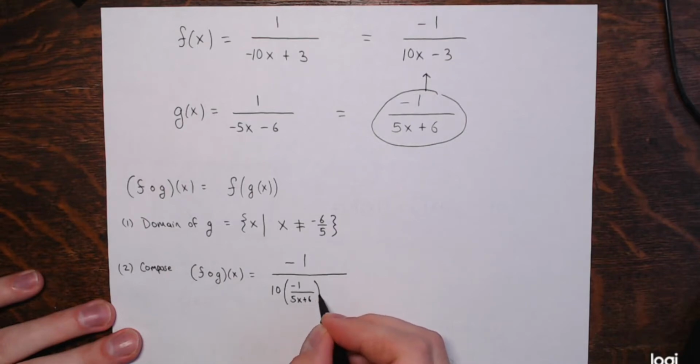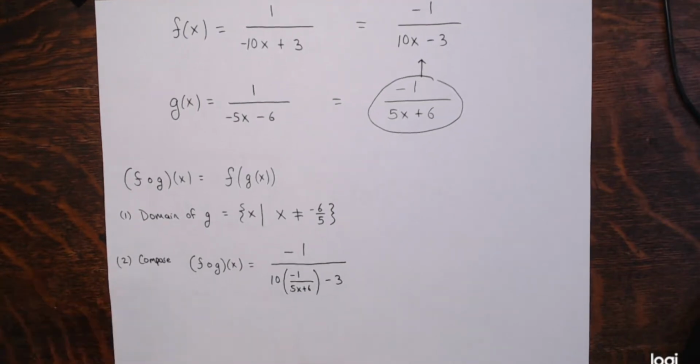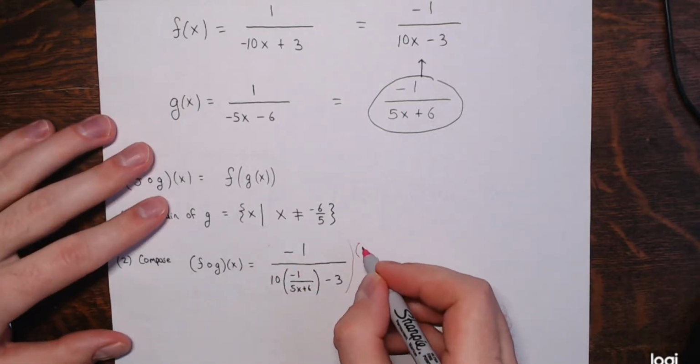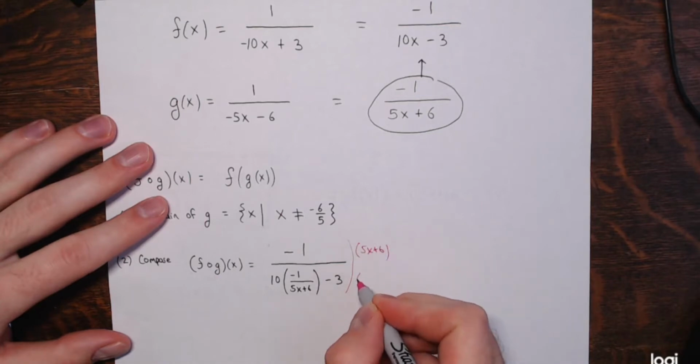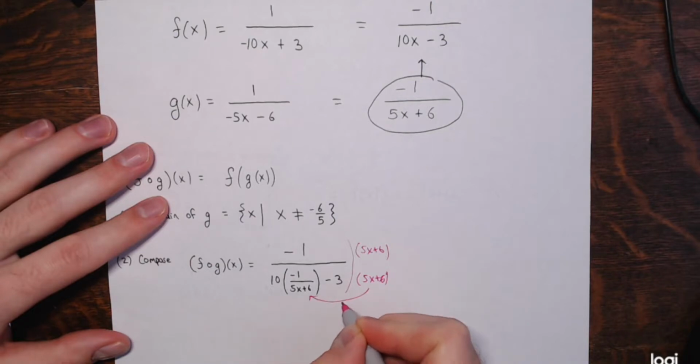And then you got minus 3 after. Alright, then if you want to simplify this a tad, another complex fraction here. Multiply the numerator and denominator by the quantity 5x plus 6. And that should get rid of the denominator of 5x plus 6 there.